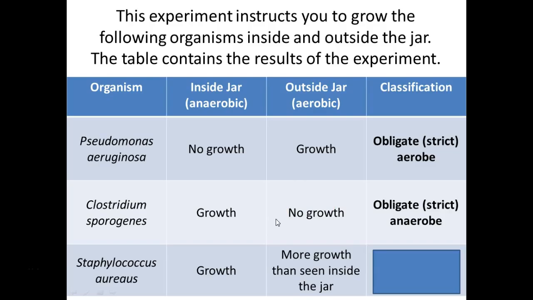Anaerobe. Again, I don't mess with this baby. It's too hard to keep it happy. And by its name, guess what it does? Forms spores. Staphylococcus aureus grows inside the jar and grows really well outside the jar. This is our facultative anaerobe.